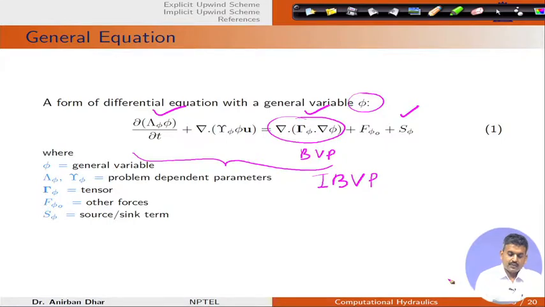Now we need to consider the second term on the left hand side. This is somewhat related to a velocity term, and we should analyze this term before starting our finite volume approach.